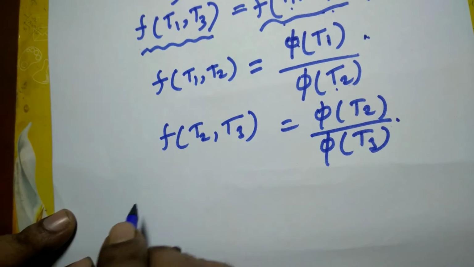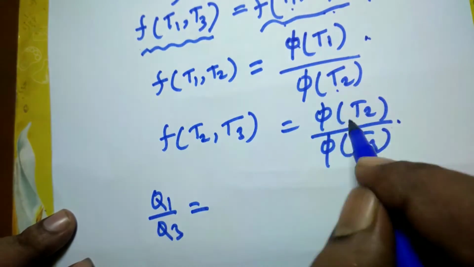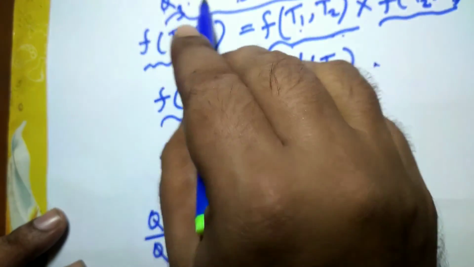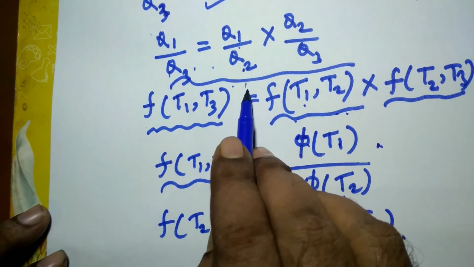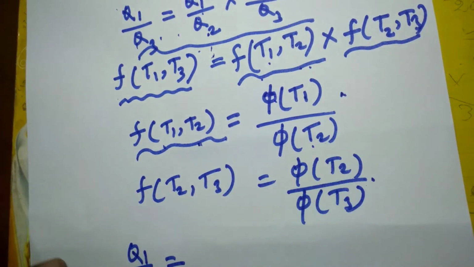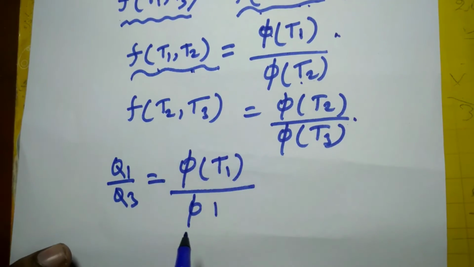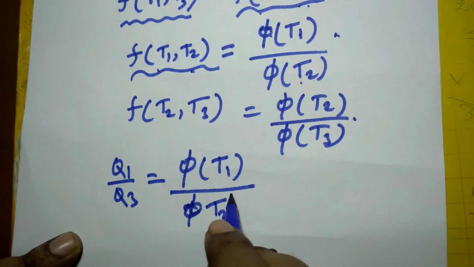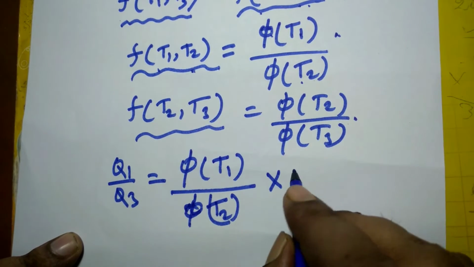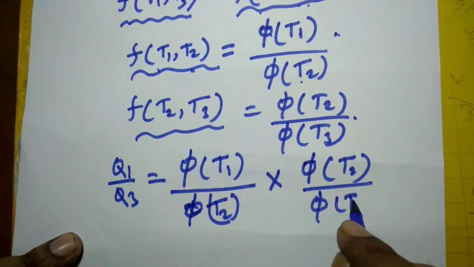So from this, Q1 by Q3 is equal to, in place of Q1 by Q2 I will write F T1 T2, which is nothing but phi T1 divided by phi T2, multiplied by, in place of F T2 T3, phi T2 divided by phi T3.